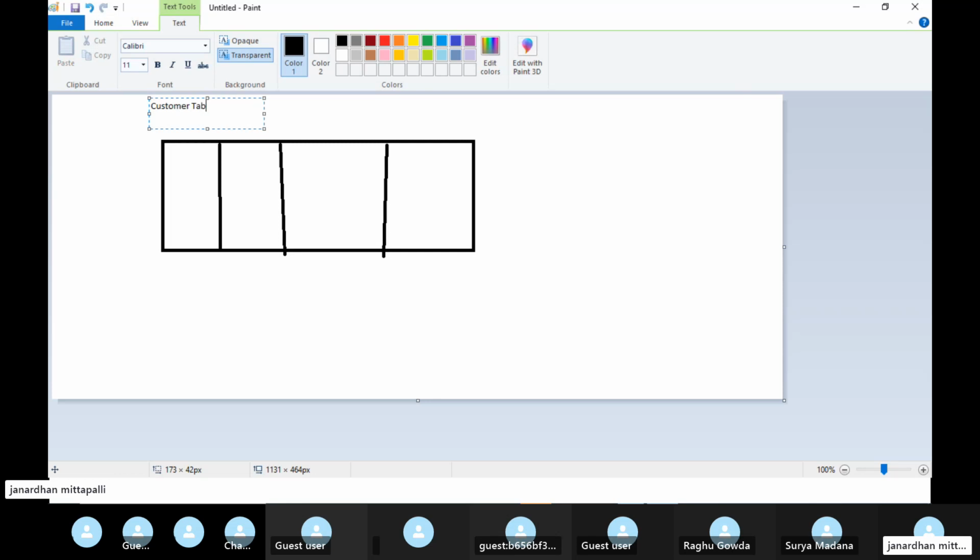My table, just assume, and I'm adding records as well. Customer ID 1, and customer name is Arun. And customer contact details, let me add a number here.